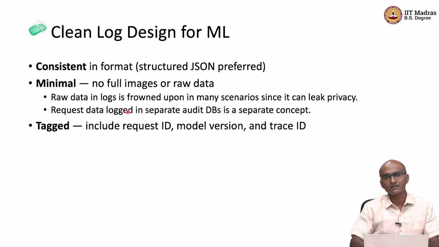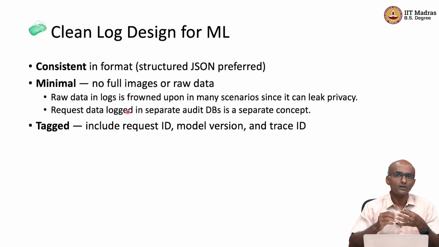Now, there is a separate set of concepts and I think we spoke about that earlier in the MLOps course, where because it's a regulated environment, you're expected to provide traceability for every single customer request that's coming to you, because you need to prove that you're not biased against that particular customer at a later point in time.